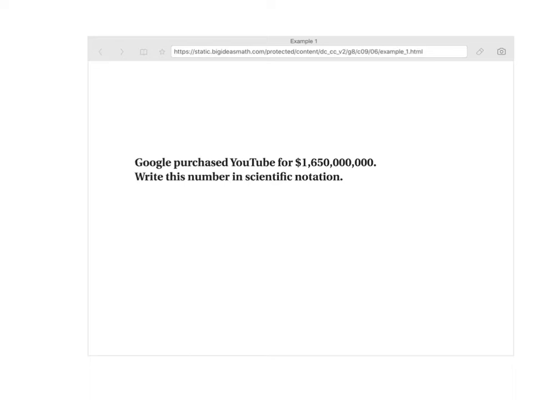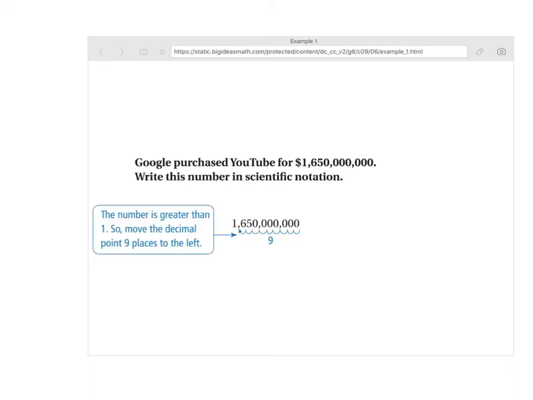So there's going to be 9 place values. Okay, so you're going to have 1.65, because you have to write anything that's a number other than 0, and then times 10 to the 9th exponent. 1.65 times 10 to the 9. And since we moved our decimal to the left, our exponent is positive.